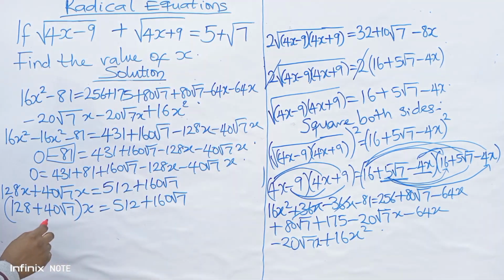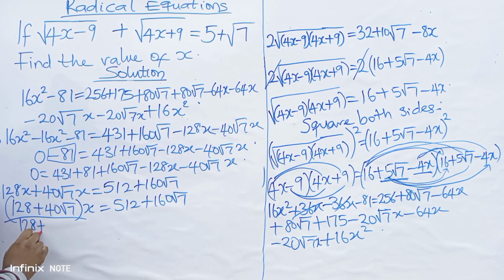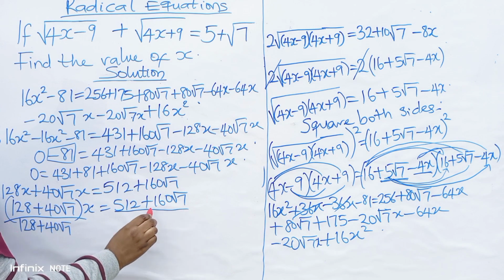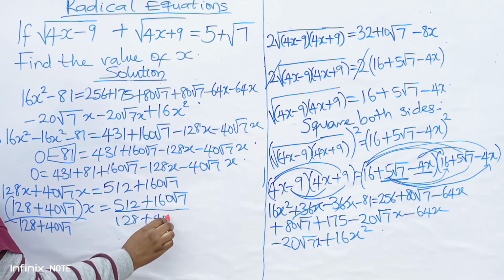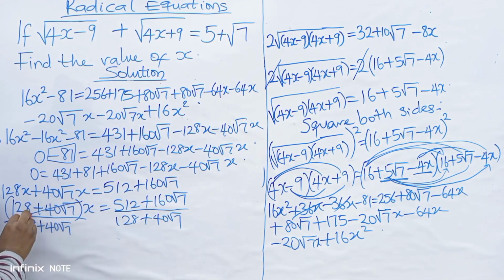So divide both sides by what? 128 plus 40 root 7 divided by 128 plus 40 root 7. So the numerator cancels the denominator here.